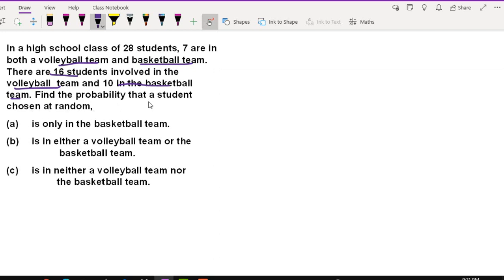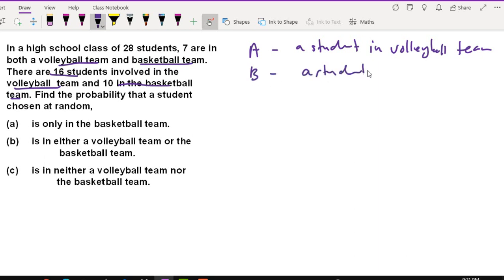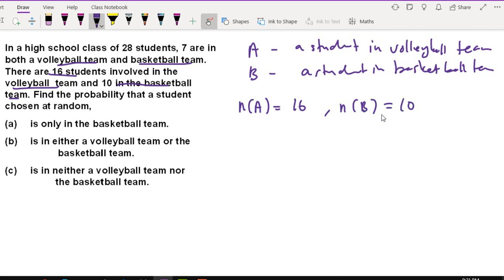Okay, so first thing, let's say A is a student in the volleyball team, and B is a student in the basketball team. So the number of A is equal to 16. The number of students in B is 10.